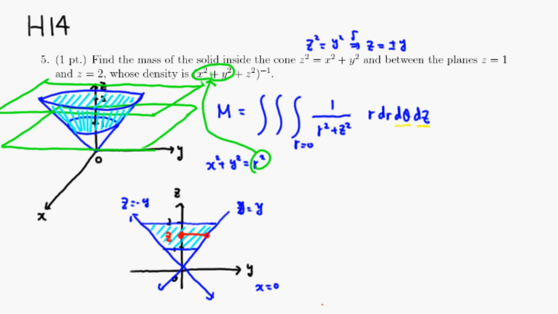Since this is z equals y, if this is z right here, then this length is also z. So r is going to go from 0 to z.